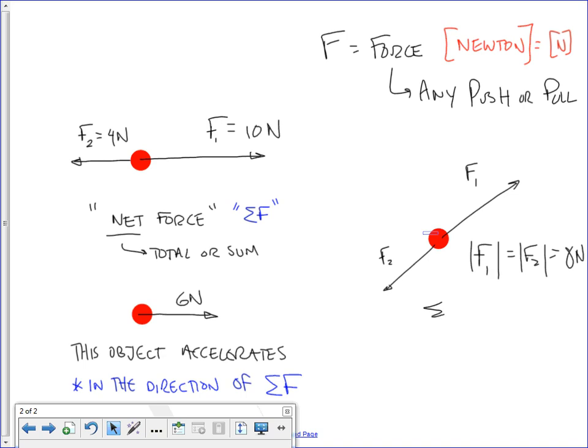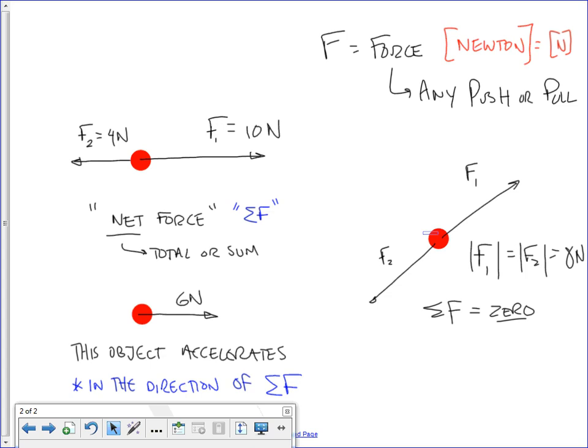Well, the net force here is 0. I didn't make my F1 and my F2 look like they're the same size. My apologies. Better, right?